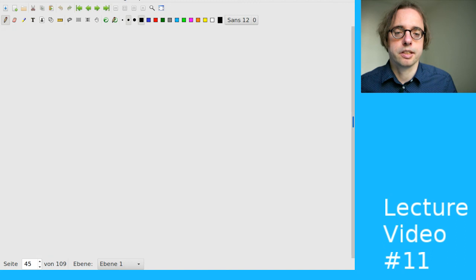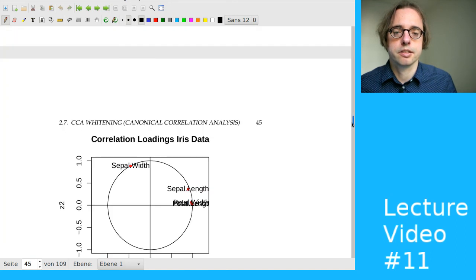So the plot that I wanted to show you is actually this plot. This is the correlation loadings plot.